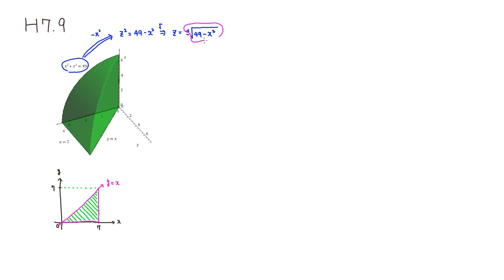All right, so this is it. Let's set up the integral. The volume V is equal to a double integral, where the integrand is the square root of 49 minus x squared. I'm going to do the integration with respect to y first, then with respect to x.